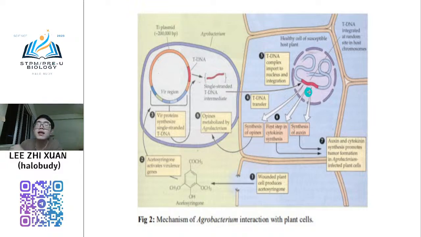So this is how the agrobacterium, once it infects the cell, transfers this tDNA to the plant cell, and it integrates into the DNA sequence of the plant cell. So this is the process.